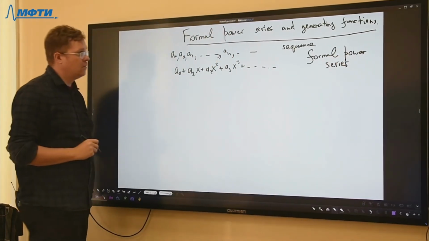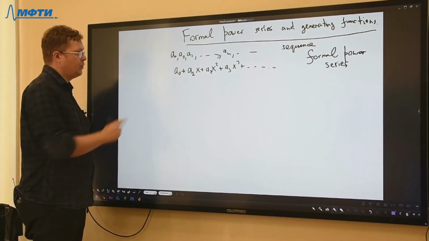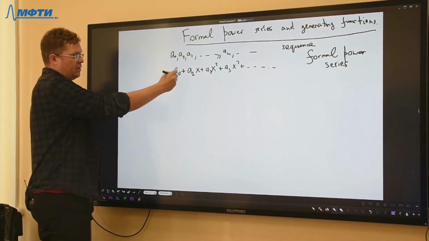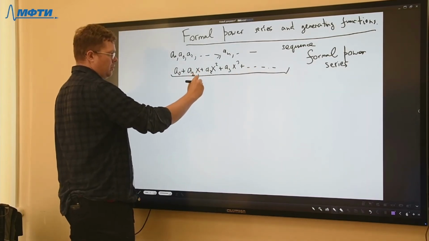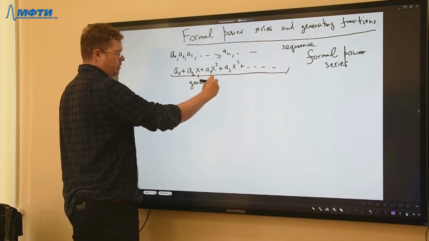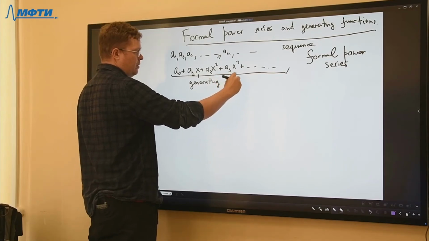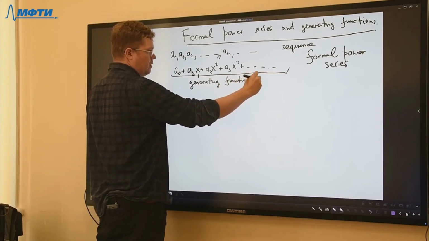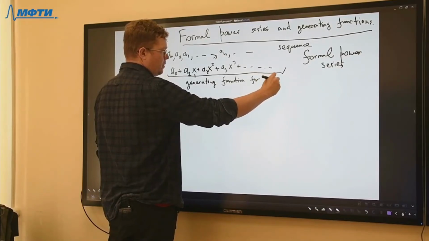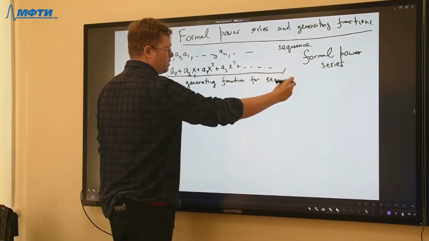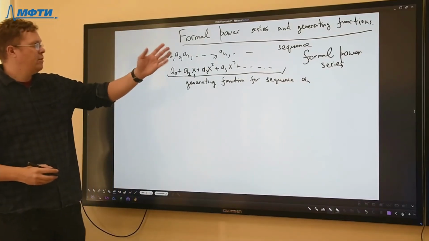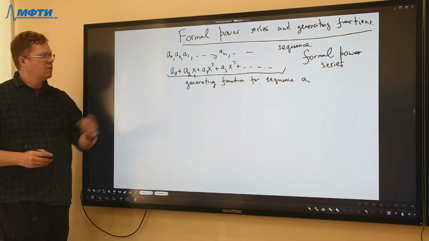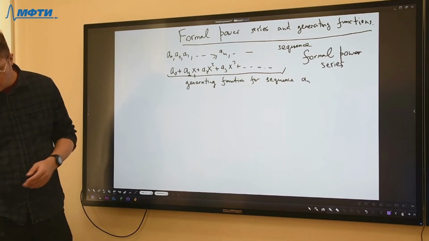And if you have the sequence, this is usually called the generating function for the sequence a_n. So they mean exactly the same, generating functions and formal power series.